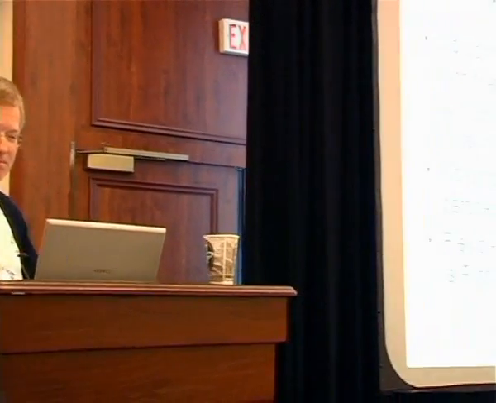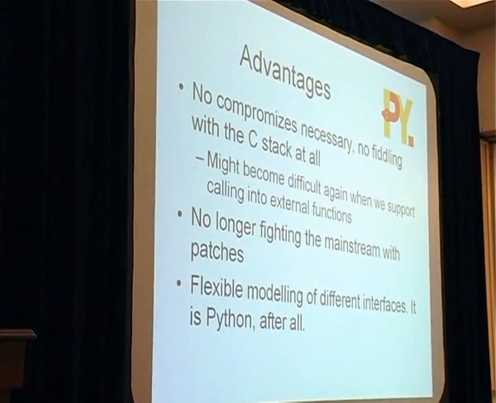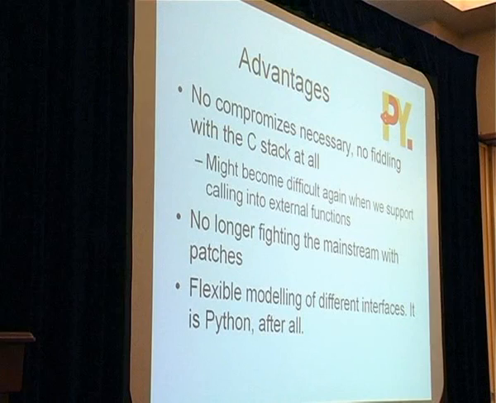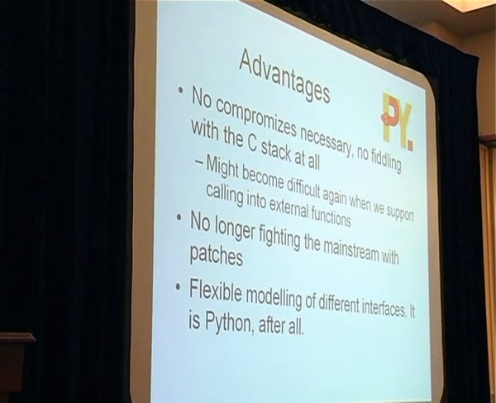So in comparison to the Stackless Python talk we heard in the morning, this approach does not need any compromises. There are no stack tricks at the moment. We don't fiddle with the C stack at all because we have the completely supportive code implementation.